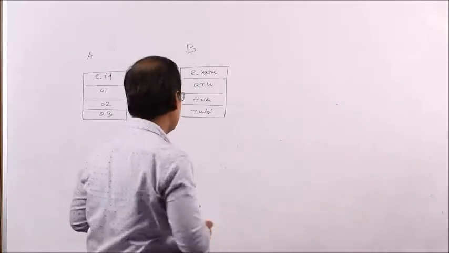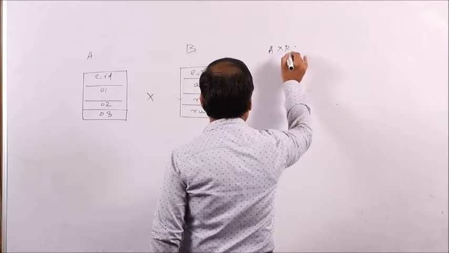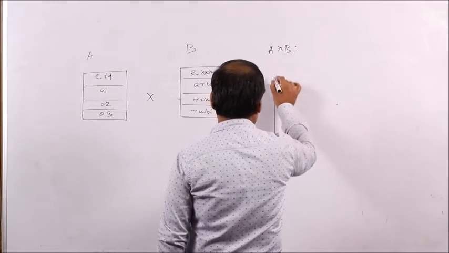So, what do you get when you find the Cartesian product? If you find the Cartesian product of these two tables, what is your result?